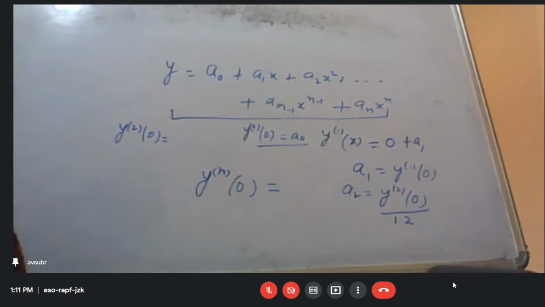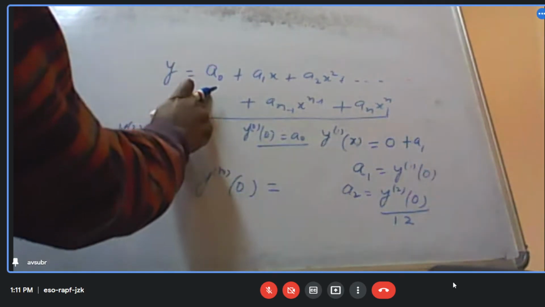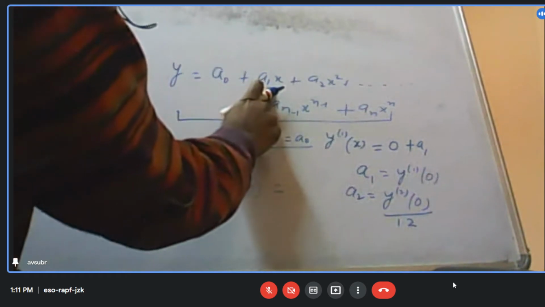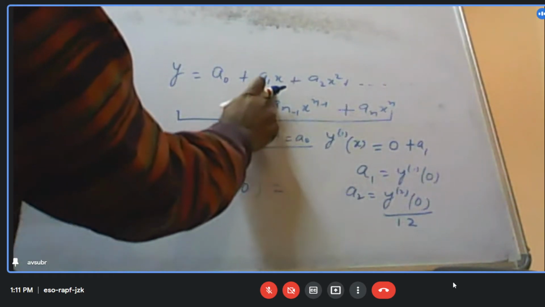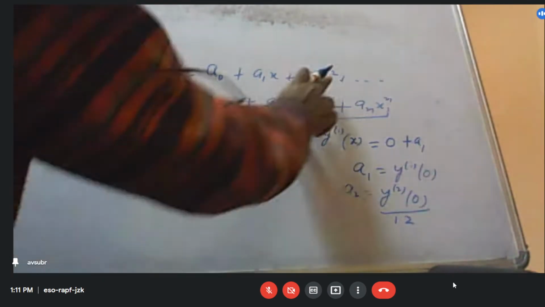2 factorial a2. This will be 0, and this will also be 0.